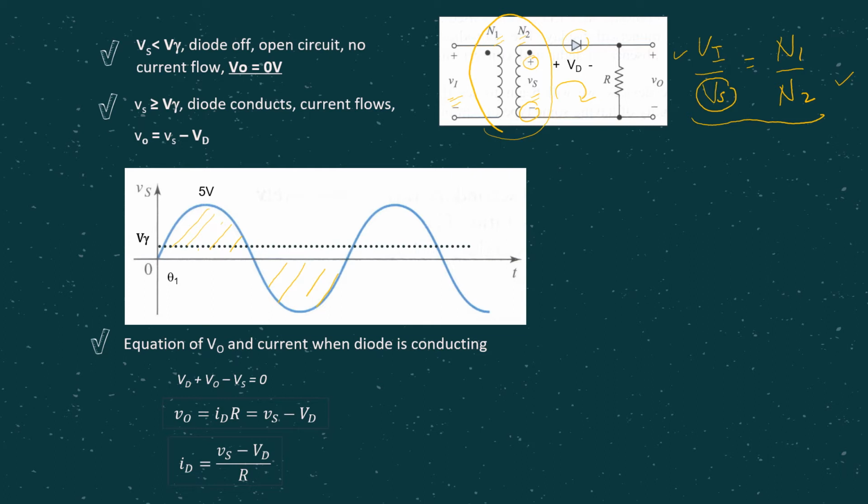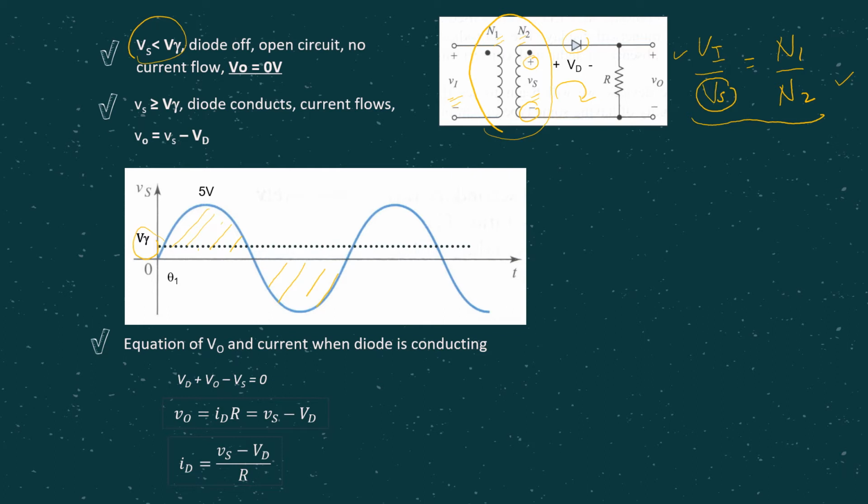Okay, but you should take note that although the diode is forward bias, initially when the voltage is less than V gamma, at that time the diode is still off. The diode is still off because the voltage is not enough, remember, to overcome the barrier.